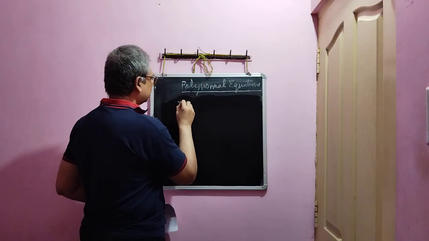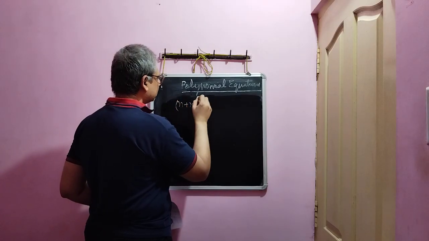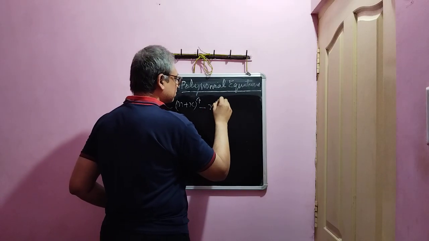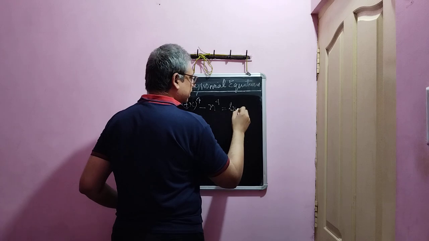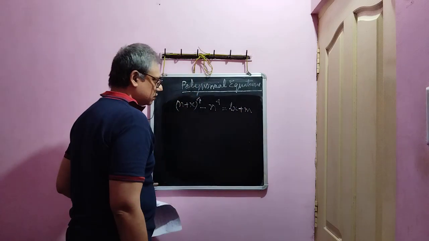So let us take, for the biquadratic case, n plus x power 4 minus m power 4 is equal to L times x plus m. Okay.